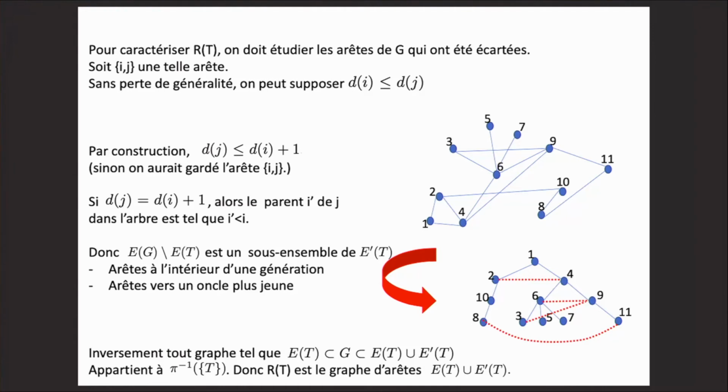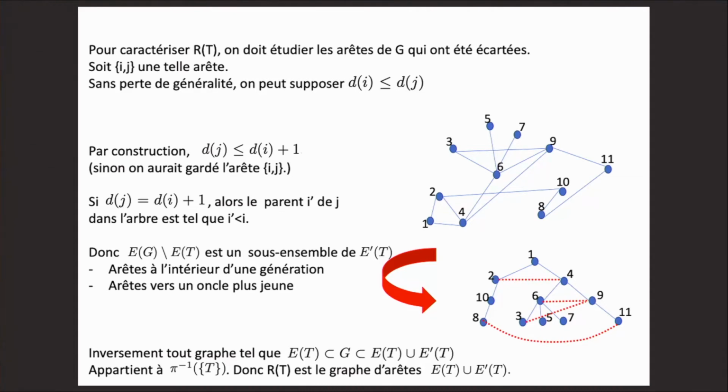The first remark is that you can always assume that the generation of i is less than the generation of j, up to just exchanging i and j by symmetry. So that's a completely free assumption. And now the first important remark is that the generation of j is less than or equal to the generation of i plus 1.